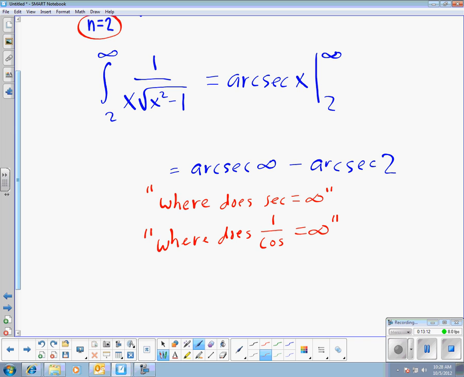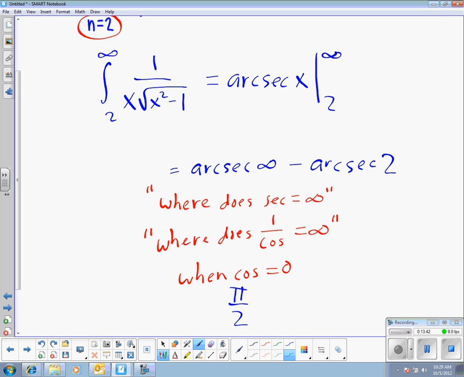Well, that's going to be the case when cosine equals 0, because 1 over 0, or when we approach 1 over 0, that goes to infinity. So cosine is 0, the x value is 0 when you get up to the top of the unit circle, and therefore, by that reasoning, the arcsecant of infinity is pi over 2. Right, if you remember your graph of secant, there would be an asymptote at pi over 2.